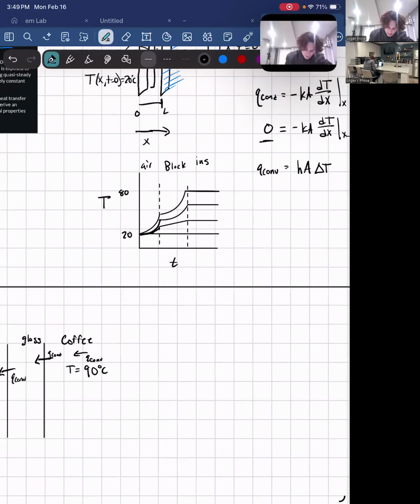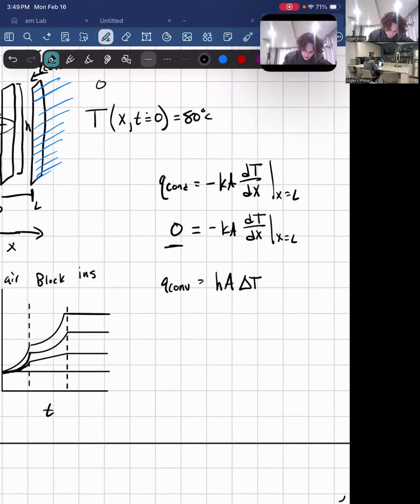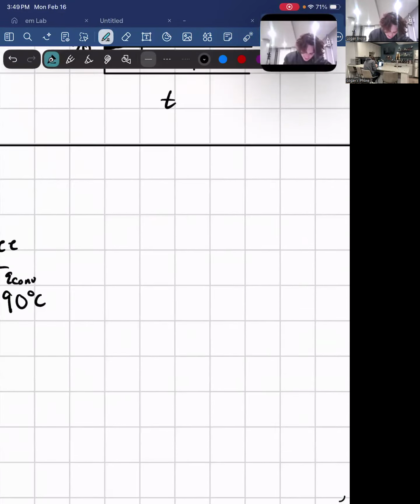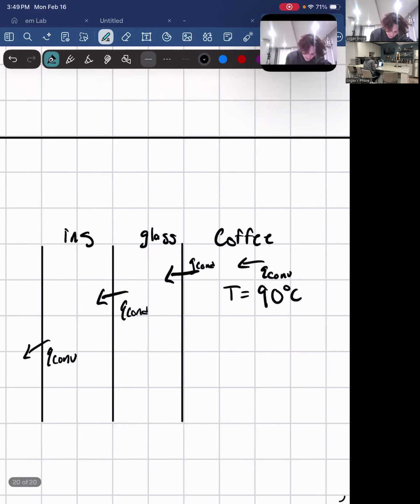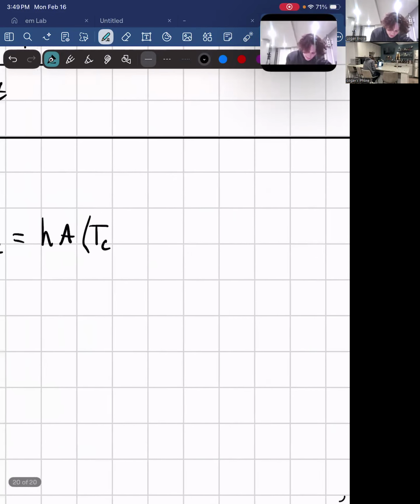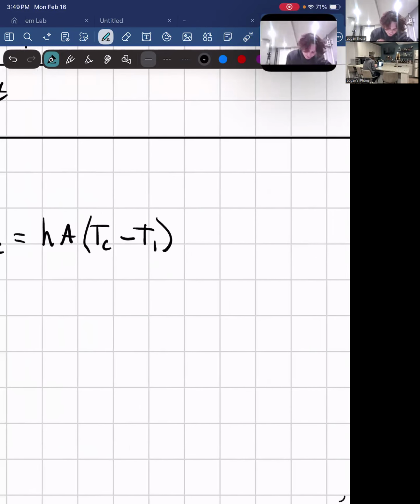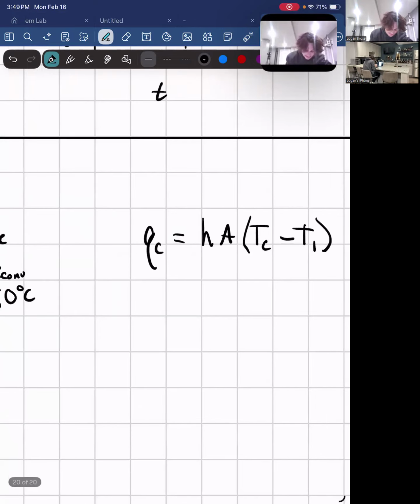So we know, like we established up here, convection is HA delta T. So our Q coffee equals HA times the temperature of the coffee minus T1. So we have T1, T2, and T3. So Tc minus T1, and that's because it's convection.